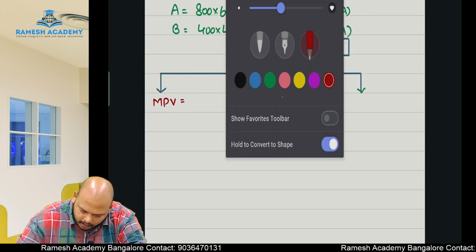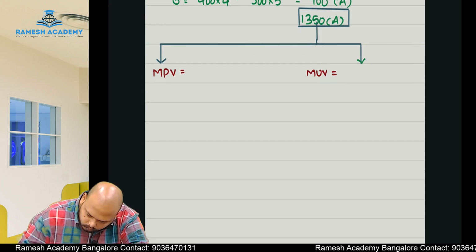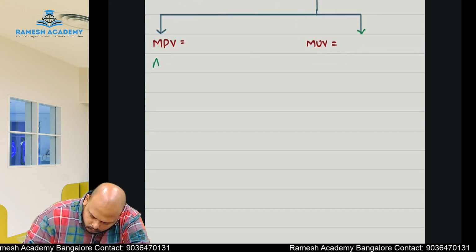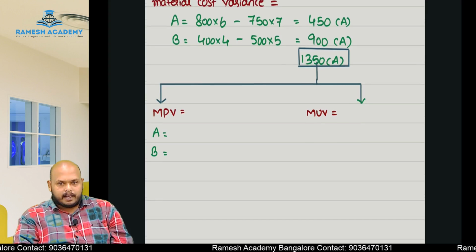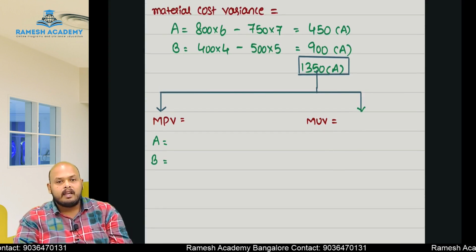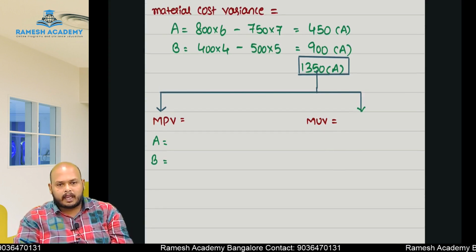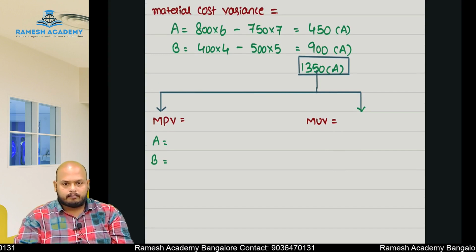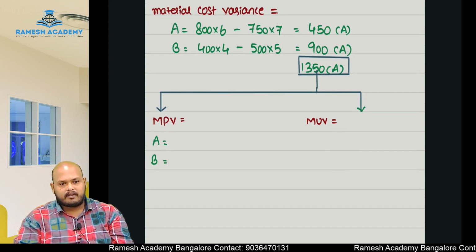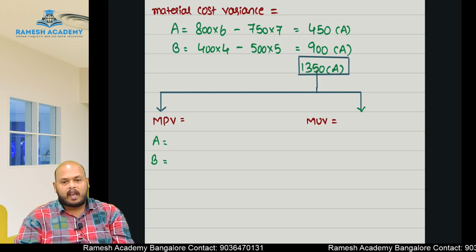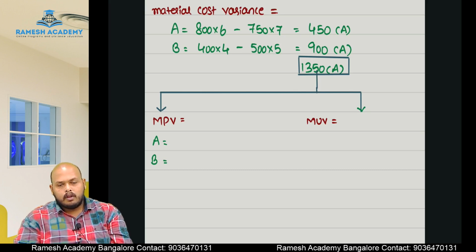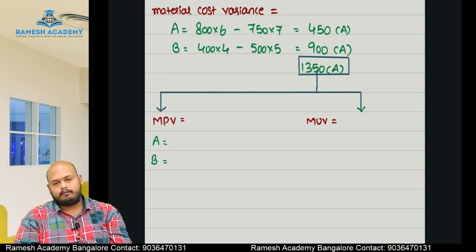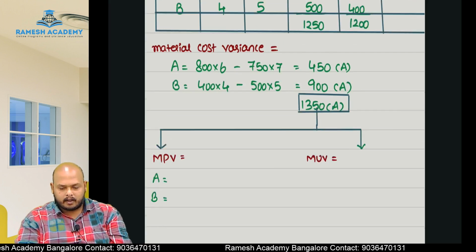Listen carefully now. While calculating the price variance, we have to keep quantity constant. There are two quantities in the question, right?